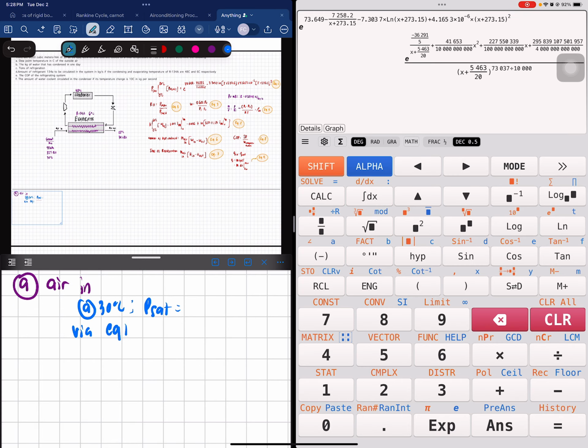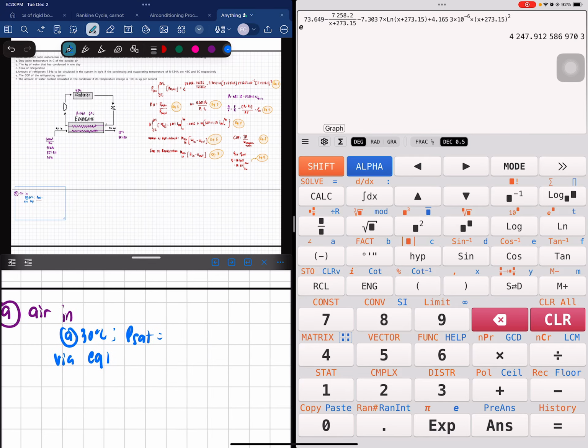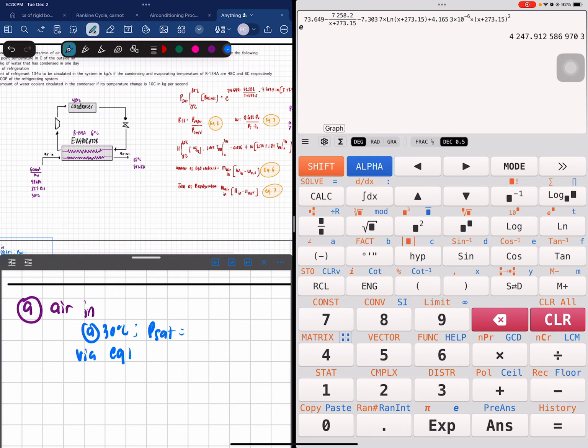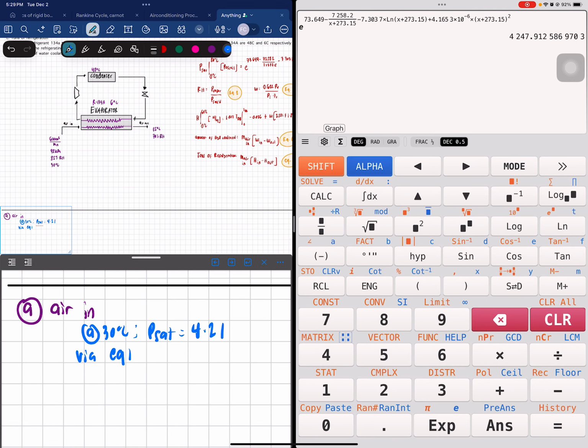So this is our equation. We input the equation on our calculator, just press calc and put whatever temperature it is, assuming it's between 0 and 80 degrees Celsius. At 30 degrees Celsius, you have saturated pressure of 4.248 kilopascals. Okay.